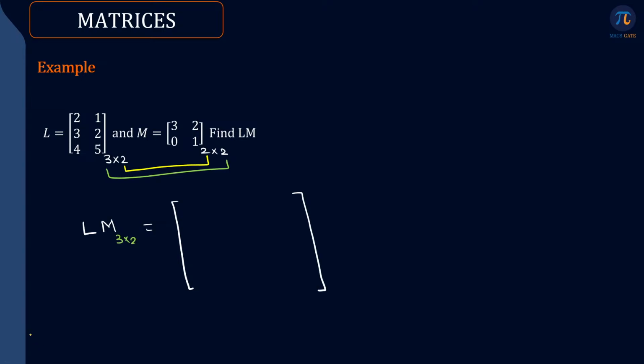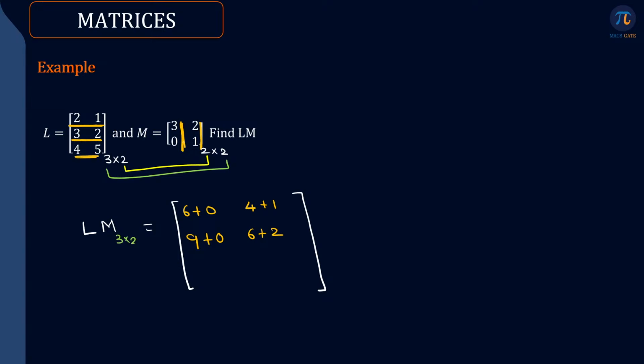The first row is multiplied with the first column: 2 3s 6 plus 1 0s 0. So you get the first row, first column element. Now multiply the first row with the second column: 2 2s 4 plus 1 1s 1. You get the first row, second column element. Now take the second row, multiply with the first column: 3 3s 9 plus 2 0s 0. Second row, multiply with the second column: 3 2s 6 plus 2 1s 2.